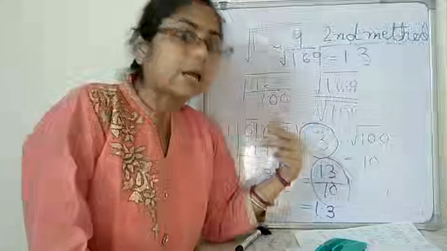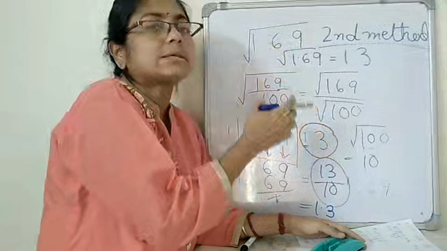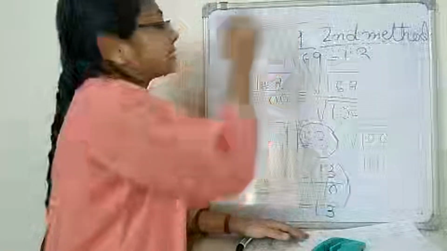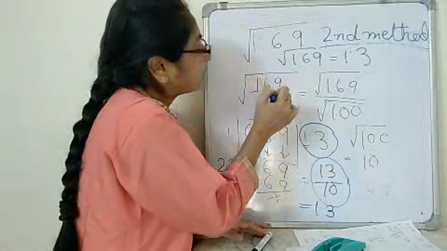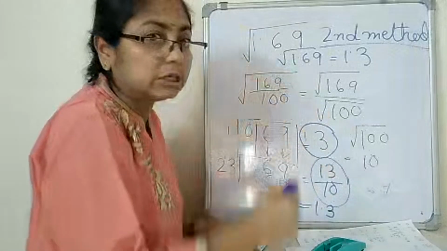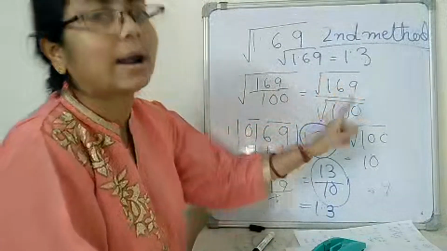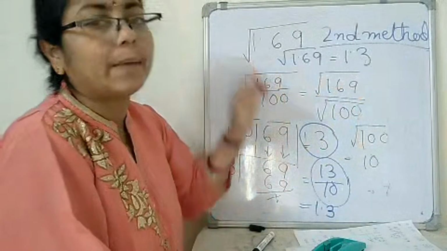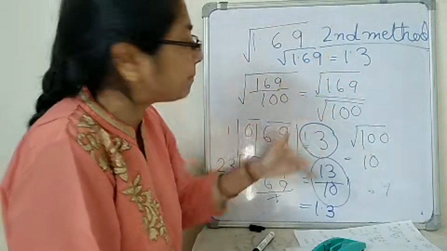But this is the second method. I make it a fraction. Root 169, I remove the decimal. How can I do? 169 by 100. Then individually I do root 169, root 100. Individually I find the square root of the two numbers.